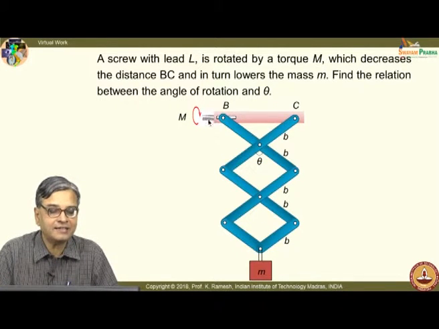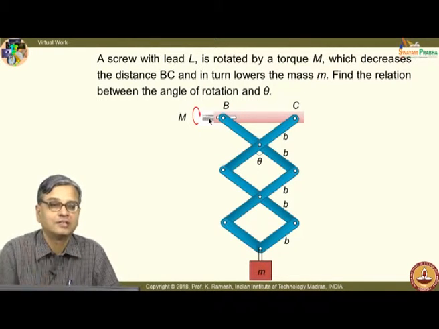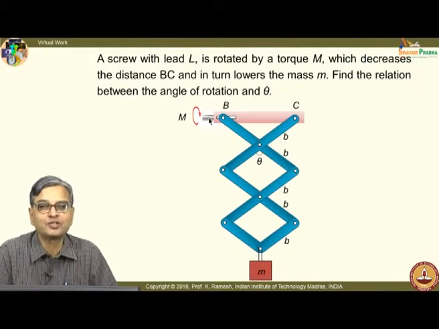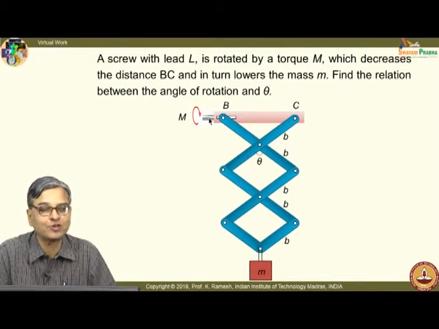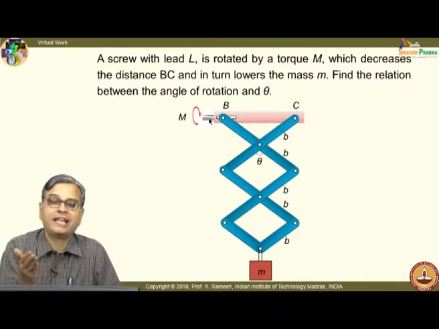What I have here is a screw, and when I have a screw, it will have a pitch, it will have a lead. These are all the terminologies. I would like you to Google it and refer to what is the pitch of a screw, what is the lead of a screw. And in your workshop practice, you would have done lathe cutting.